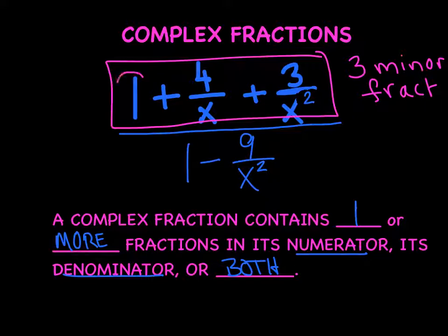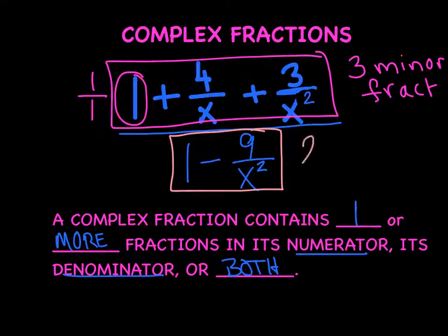And actually, even this term's a fraction because it technically could be expressed as 1 divided by 1. And then in the denominator here, we've got two minor fractions, and same idea where we could express this as 1 divided by 1. So grand total of 5 minor fractions, and we're going to talk about how to combine them and simplify these expressions tonight.